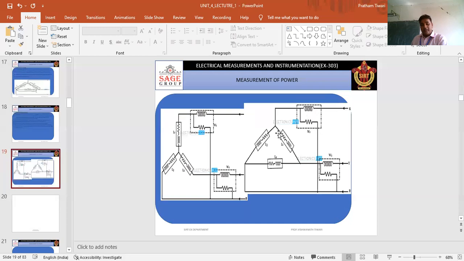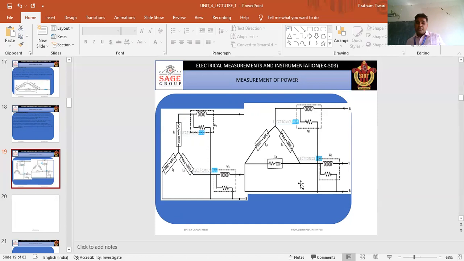Each wattmeter has two coils, CC coil and PC coil. CC is connected in series with the R line, and CC of wattmeter 2 is connected to the Y line, and the PC of W1 and the PC of W2 are connected to the next line.